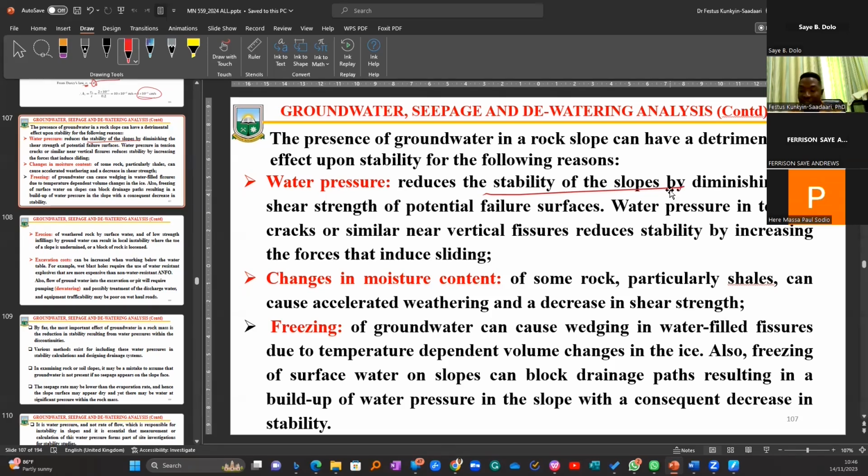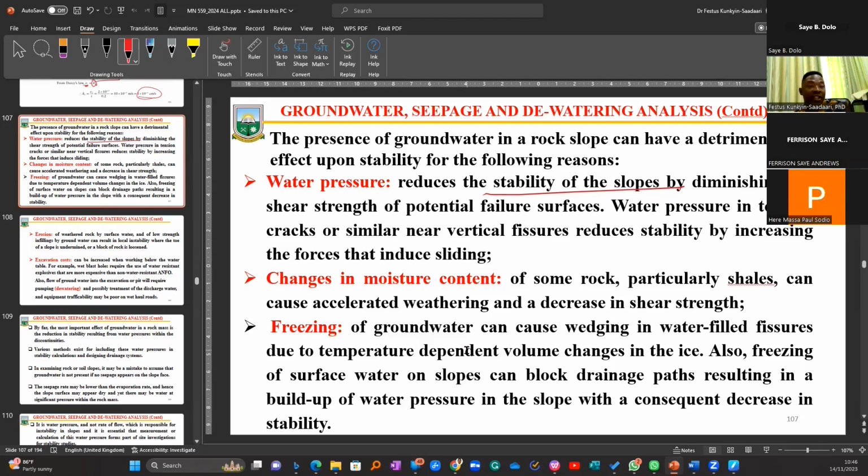Then we have changes in moisture content of the rock. Changes in moisture content of some rocks, particularly shale, can cause accelerated weathering. So if there is moisture in our rock sample, it facilitates weathering, which will reduce the durability of your rock sample.